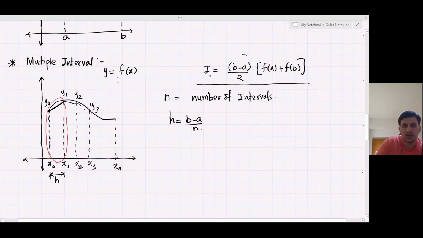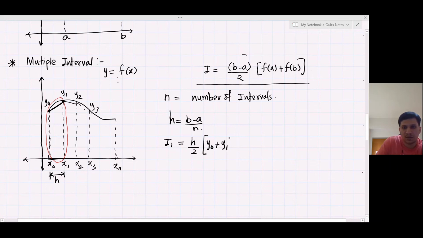By this formula, I1 is equal to b minus a, which in this case is h, so h by 2 into (f of a, which is y naught, plus f of b, which in this case is y1, because we are considering this trapezoid only).